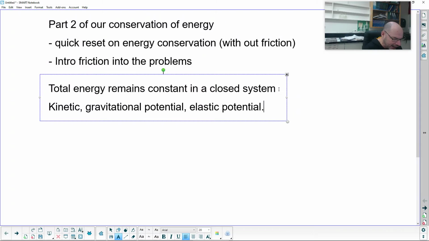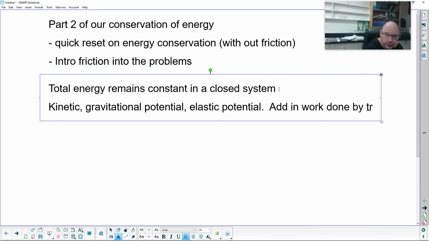So what we're going to add in is work done by friction. That is going to be our new idea. Friction never increases energy. Friction will oppose kinetic energy, right?